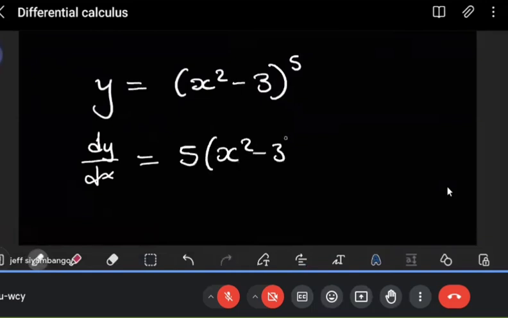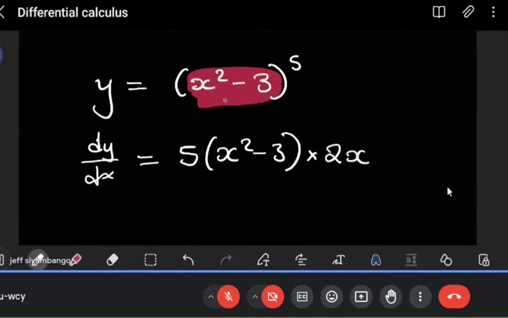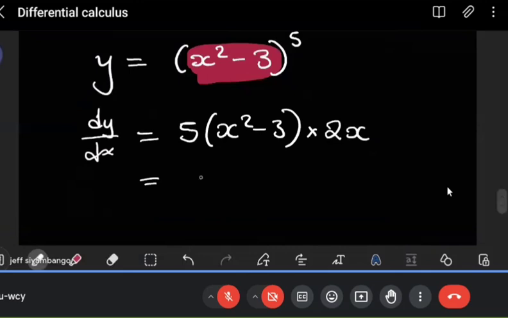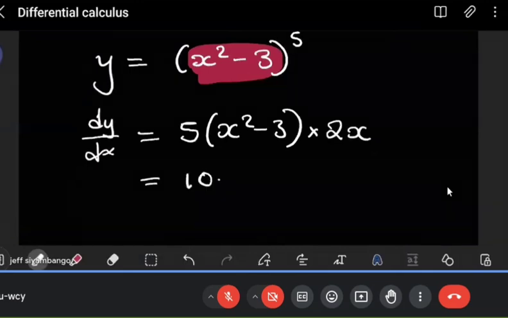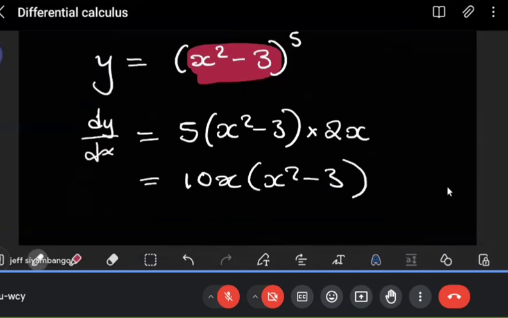Then the next step was multiply this by the derivative of what is inside here. So in this case, it would be the derivative of x squared minus 3, which would just be 2x. So here, by chain rule, the answer ends up being 10x, then x squared minus 3. This is a way of dealing with chain rule that we ended up with.